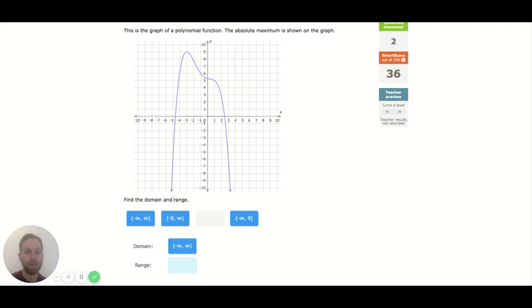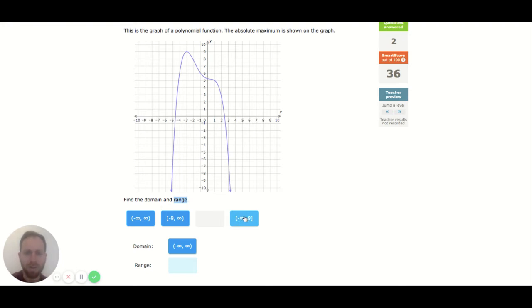Now the range is how far it's going, the outputs, the y-axis. So it looks like it's stopping up here. That's the highest point. So we read it over here at the y. That's at positive 9. And since it actually hits this point right here, it hits the 9, we want to make sure that it has a bracket next to it. You see how there's a bracket right here? That means that it actually includes that point, rather than not including the point when there's a parenthesis. Because where is negative infinity?